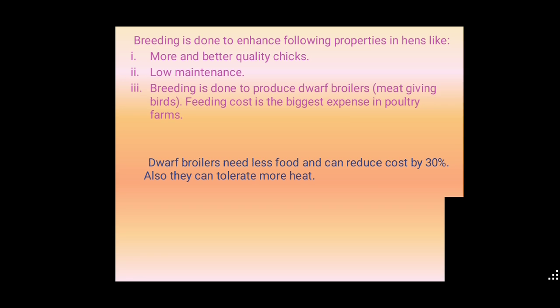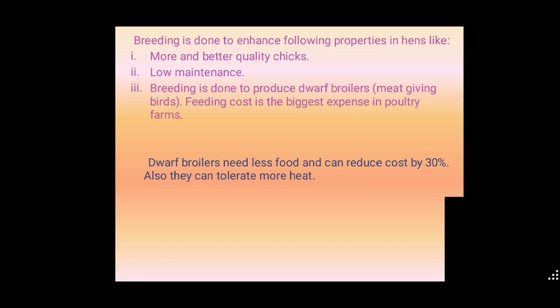There are so many properties behind that. More and better quality chicks. We use better quality chickens for the enhancement of food production here.